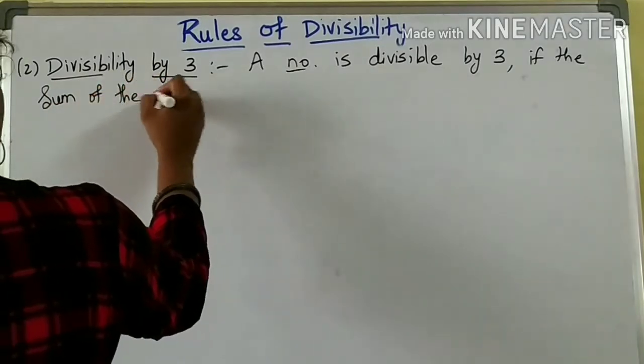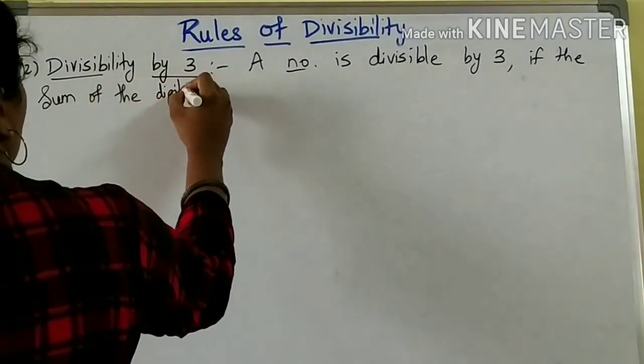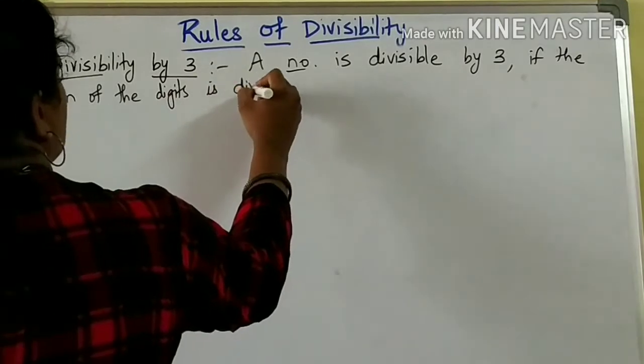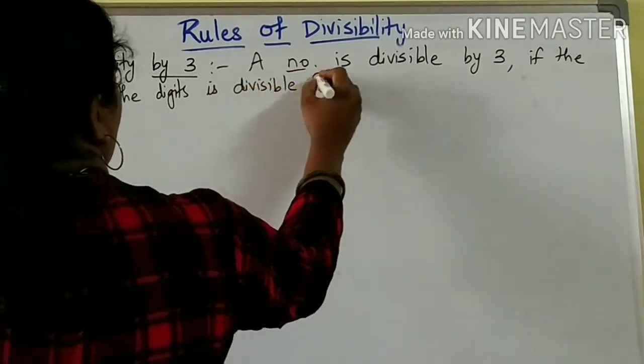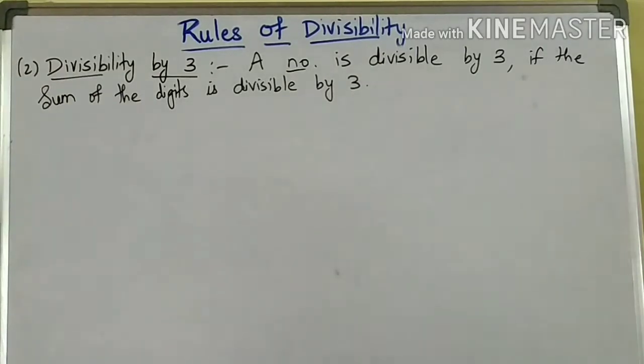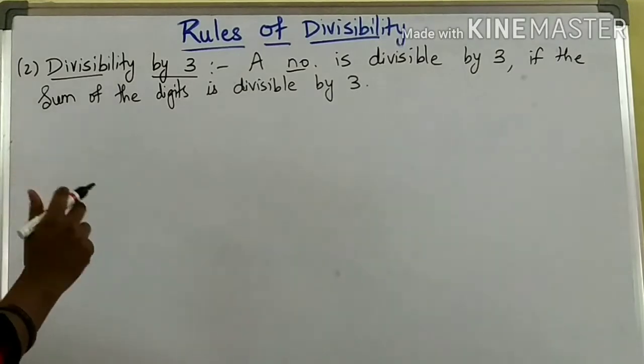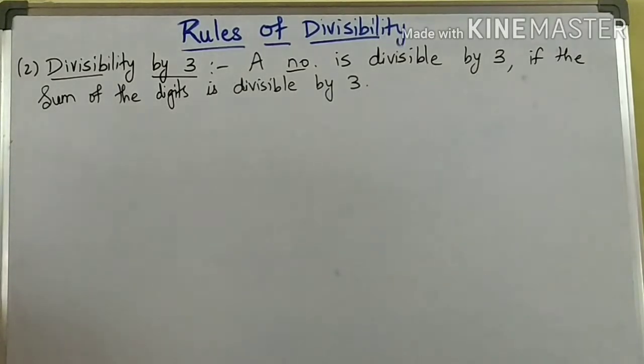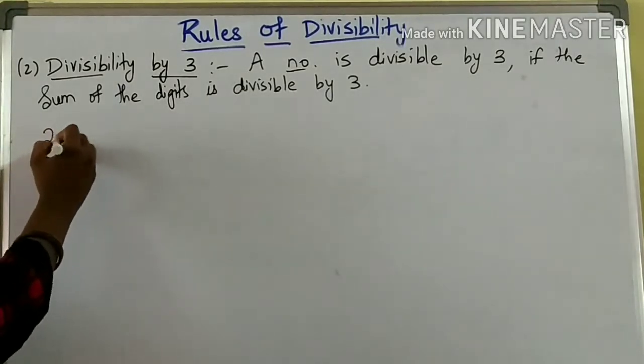A number is divisible by 3 if the sum of the digits is divisible by 3, or we can say a number is divisible by 3 if the sum of the digits is a multiple of 3.